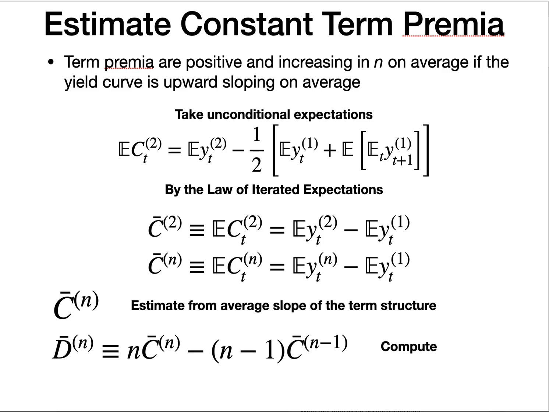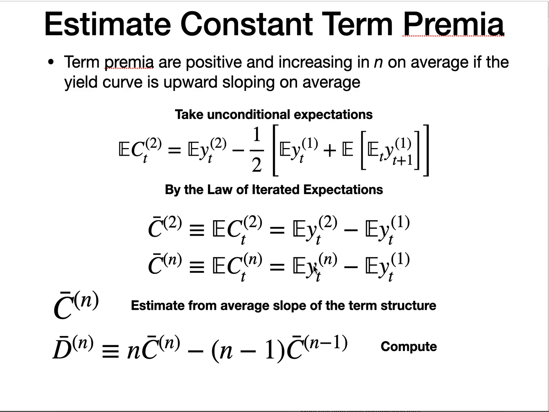And as we discussed in lecture 3, that means, using the law of iterated expectations, that we can estimate the term premia for different maturities, 2, 3, 4, 5, n, whatever, just as the unconditional average of the difference between the yield of maturity n and the yield of maturity 1.